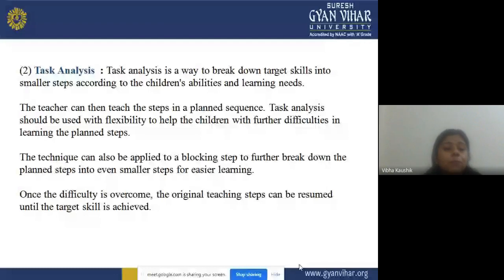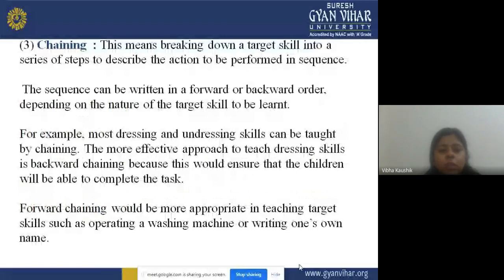Now, chaining: breaking down a target skill into a series of steps to describe the activity performed in sequence. That way, we are breaking down a target skill that we want our students to learn into various steps to describe the actions to be performed.